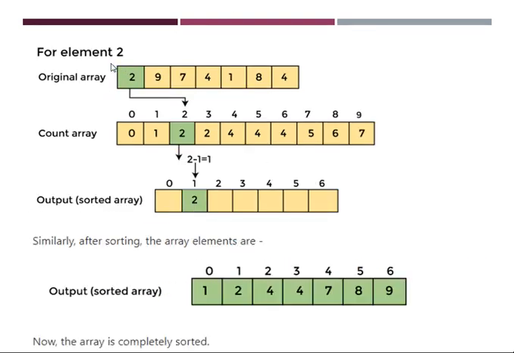Now for element 2, in the counting array, we will be subtracting it by 1, so it will be having index position 2 in the output array. Okay, similarly here we get the sorted output. For doing all of the things with every element, we'll be getting this sorted output array.